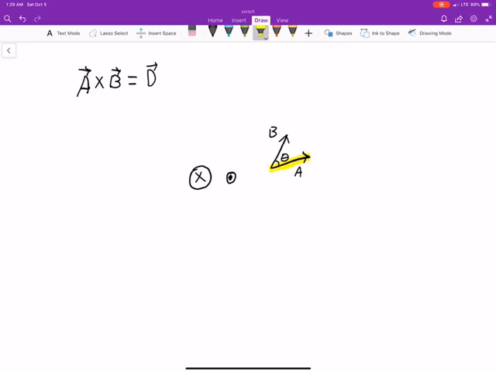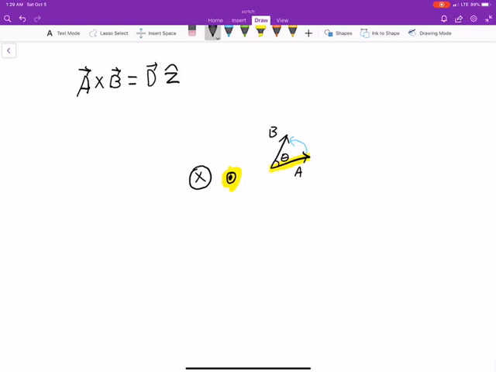And then you want to curl them in the direction of B. If you did that and you curled them, you see that your thumb would be pointing out. So that would indicate this is the direction of D. It's going out of the page. So that's kind of cool. We see A cross B points in the positive Z direction.